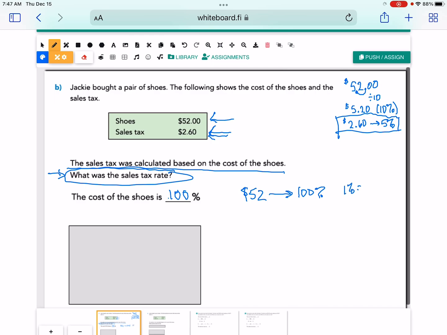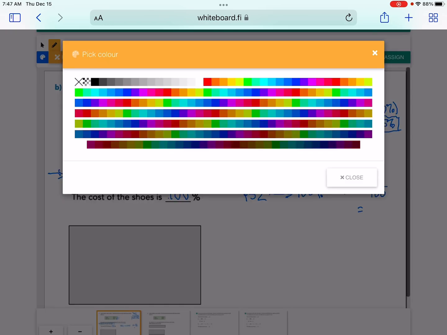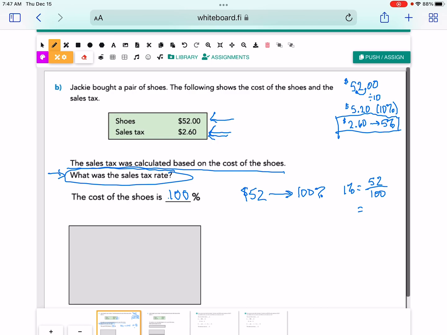So 1% is 52 divided by 100. Okay, so that would mean we're moving this decimal point. Let me change colors so you can see that happen. We're going to move that decimal point over 2, right? That's division by 100. And 1% is basically 52 cents. All right.